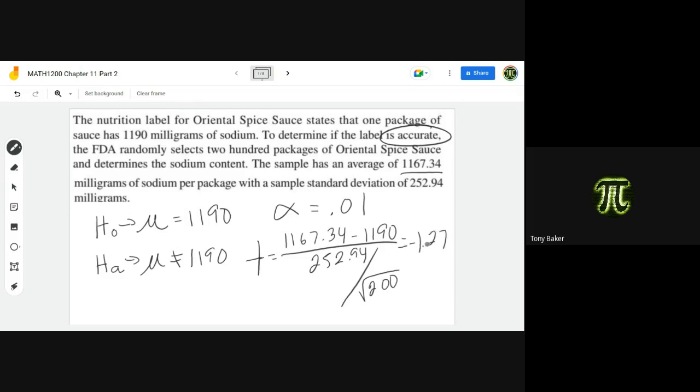So let's look at our t-table, and we're looking at our two tails for 0.01.